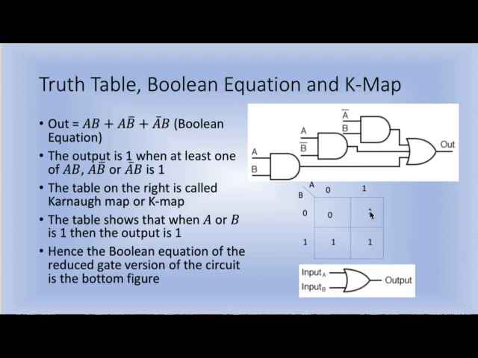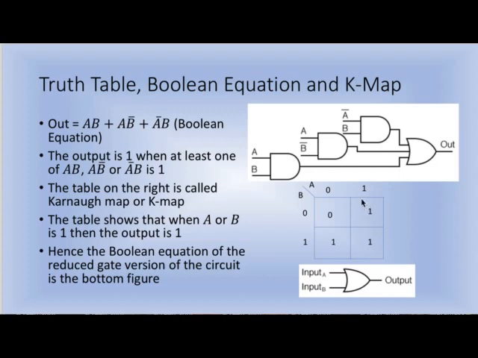Now, this is called a Karnoff map or K-map in short, and when the adjacent cells along any row or column have ones, then we can reduce AND gates. So here we can see in the row, when the input B is 1, it doesn't matter what is the value of the input A, the output is going to be 1.